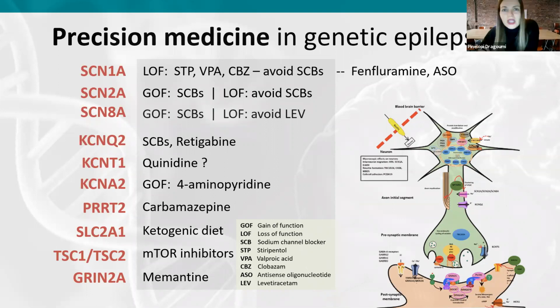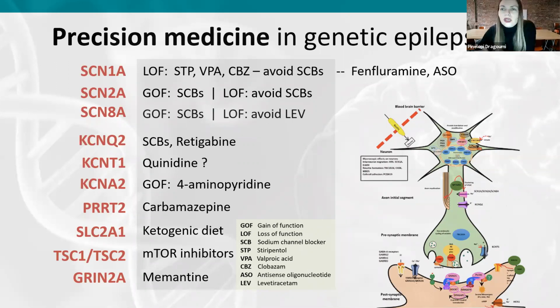Sorry. So I was talking about the precision medicine in genetic epilepsies, giving you an overview of what has been studied so far. So we know that for children who bear the SCN1A mutation that leads to the severe phenotype, we need to avoid sodium channel blockers, and we know that these can benefit from valproate and carbamazepine.